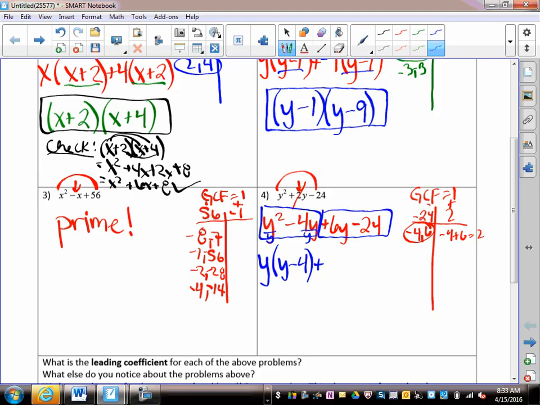What can I factor out here? 2? I think 2, but is there something larger that I can factor out? 3 also works, but I think something larger. 6, yes. Remember, try your smallest number first, then do factors of that. Alright, so you can take out a 6, and I have y minus 4.